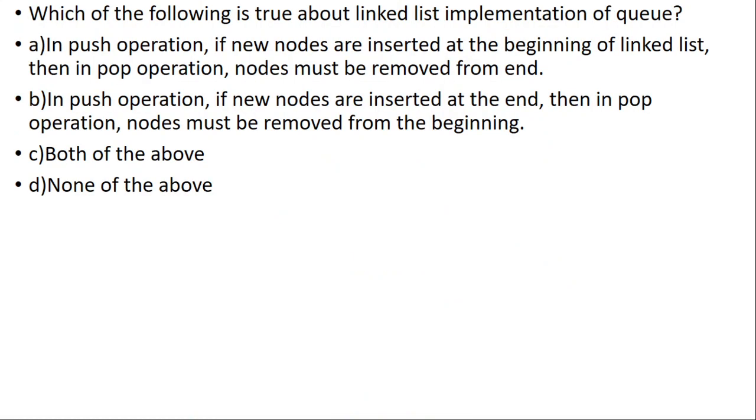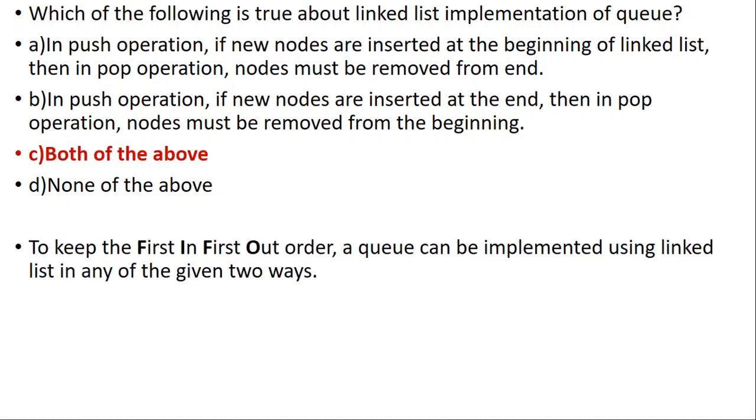Which of the following is true about linked list implementation of queue? Answer is both. In push operation, if the new nodes are inserted at the beginning of linked list, then in pop operation nodes must be removed from the end.